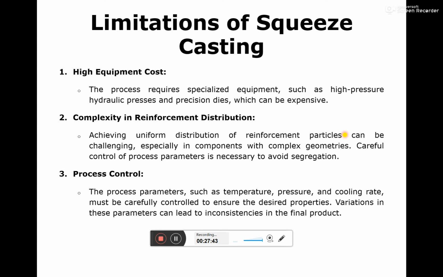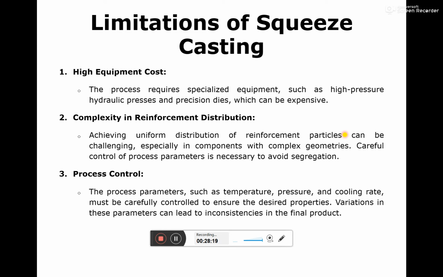There is also complexity in reinforcement distribution: achieving uniform distribution of reinforcement particles can be challenging even in squeeze casting, especially in components with intricate or complicated geometries.